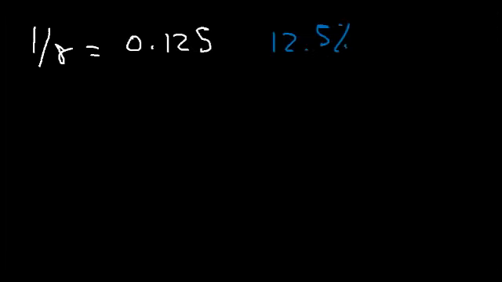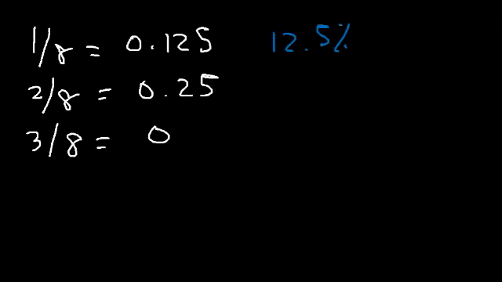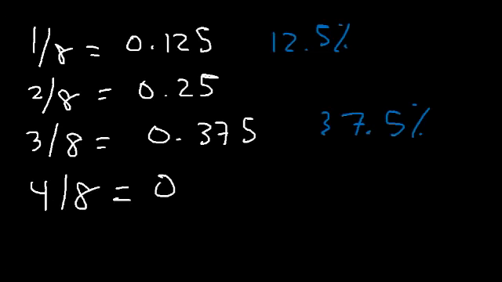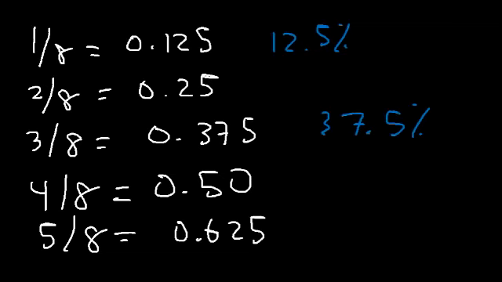Now the other fractions that you want to know is 1 over 8. 1 over 8 is 0.125, which is equivalent to 12.5%. 2 over 8 is 0.25. 3 over 8 is 0.375, which is 37.5%. 4/8 is 0.5 or 50%, and 5 over 8 is 0.625, which is 62.5%. 6 over 8, if you divide the 6 and the 8 by 2, you get 3/4.